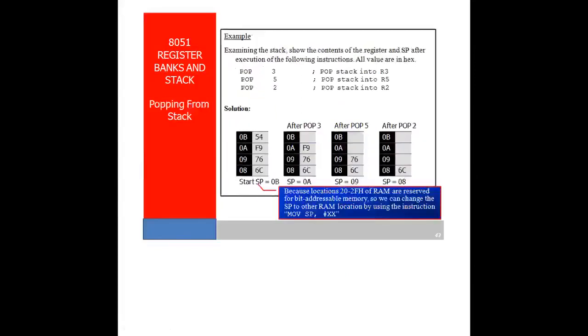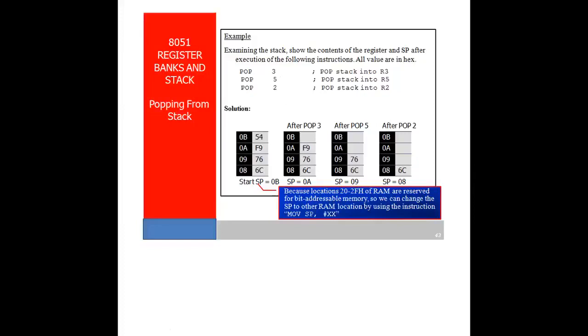Now for the stack pointer, if I want to retrieve the data, then I have to execute instructions through the microcontroller 8051. You see that three instructions are there: pop 3, pop 5 and pop 2. Again, like the push instruction, the register is not used directly by name.